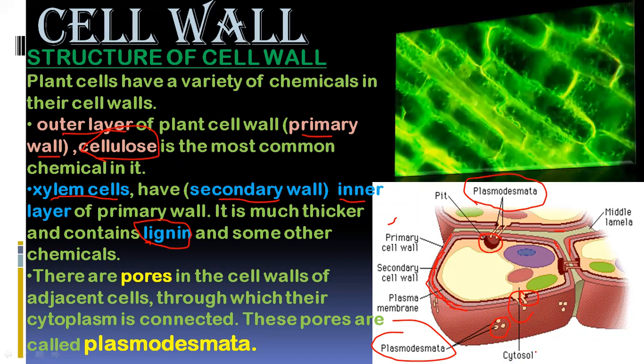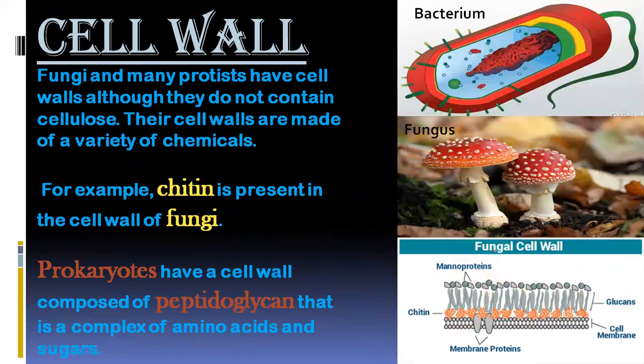So these are the connections between two cytoplasms of two cells through the cell wall. Because the cell wall itself is a rigid structure, it does not allow any type of material to pass from one cell to another except through these plasmodesmata.